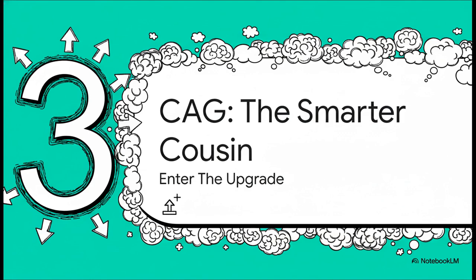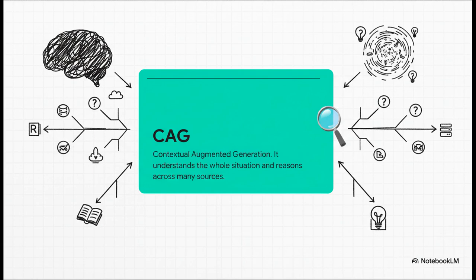It was designed from the ground up to get around RAG's limitations. This is the smarter, more capable cousin we were talking about. CAG stands for Contextual Augmented Generation, and I want you to focus on that key word, contextual. Instead of just grabbing chunks of text that seem related, CAG tries to understand the entire situation.